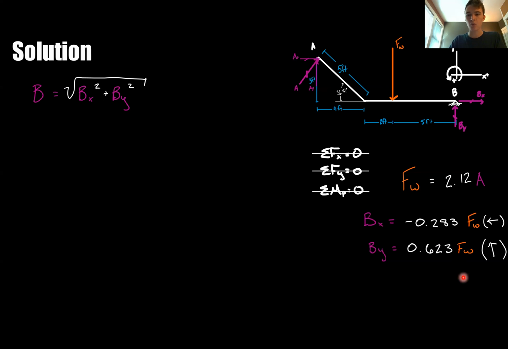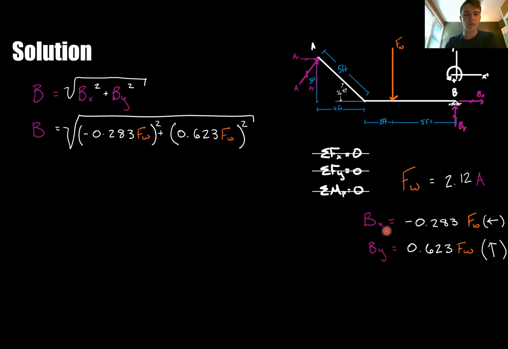That's not just in the Y direction, that's total. The pin can only support 21 kips. So we solve for the magnitude, plugging in from the equations that we found. We have B is equal to 0.684 of FW. We rearrange that to find FW in terms of B. And now we have FW is equal to some multiple of A and FW is equal to some multiple of B.